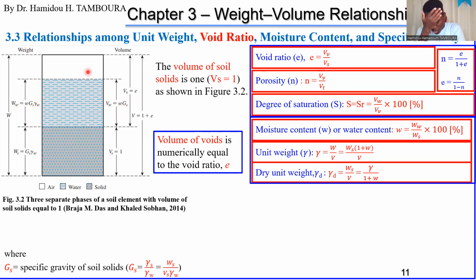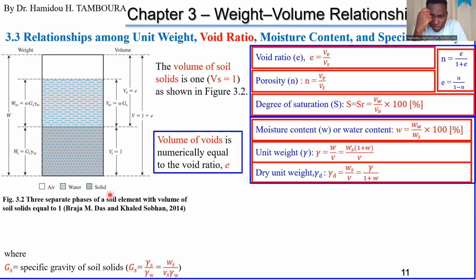For the air also, the gas phase, we have its volume, because if you do the volume of void total minus volume of water, you will get it. But the mass, the weight, we don't need, of course. So we will try to establish those 6 formulas by using only this newly established relation, and you will see what we will obtain.